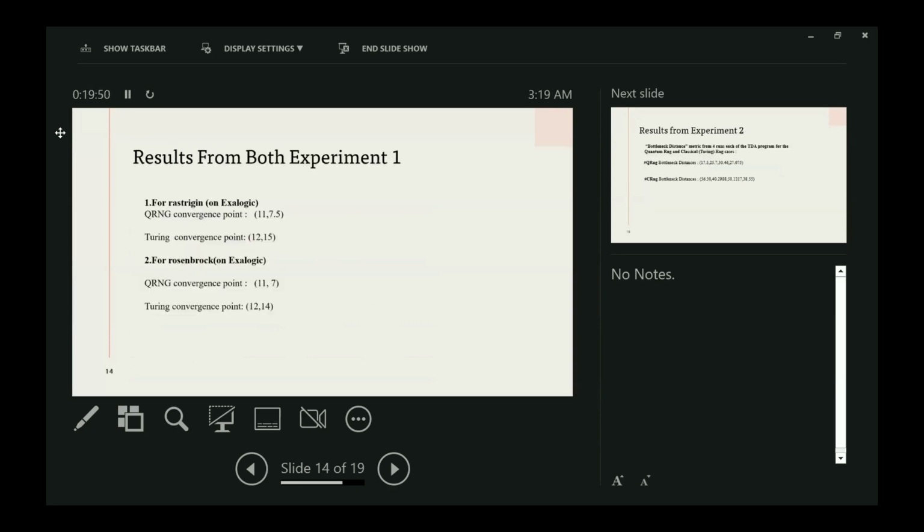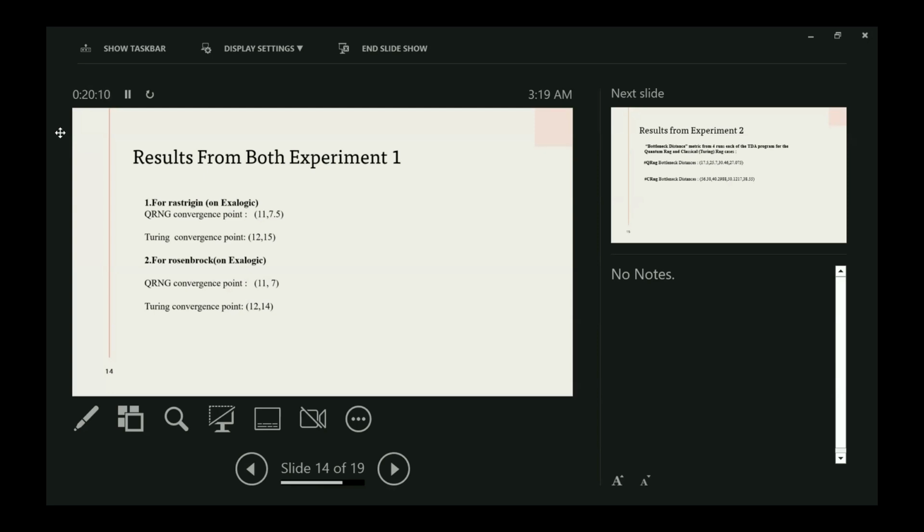So I'm presenting the results from both the experiments. The QRNG convergence point is 11.75, and I mentioned what the X and Y values represent, and the CRNG convergence point is 12.15.